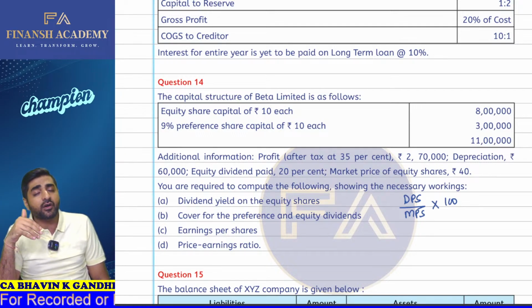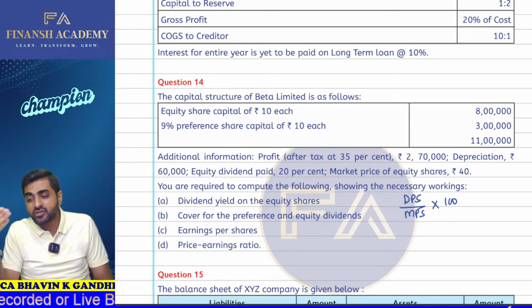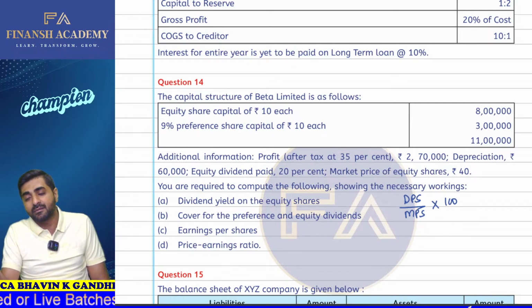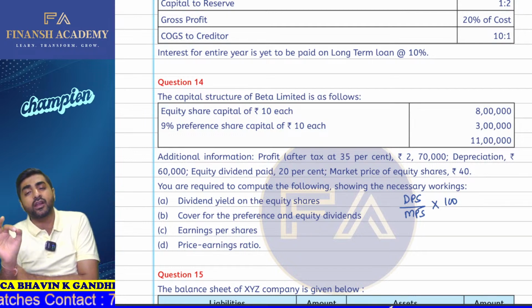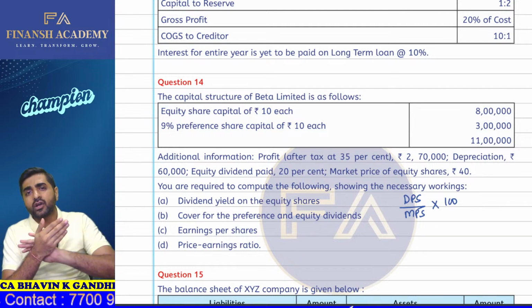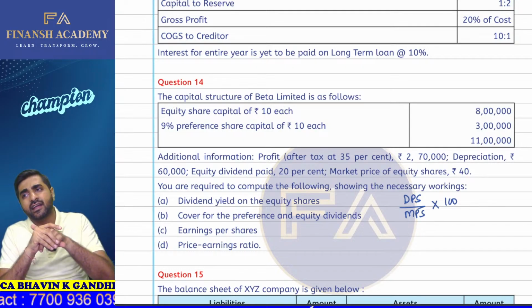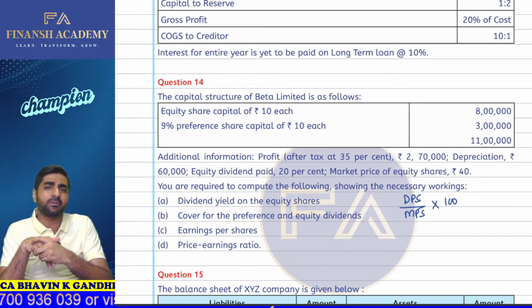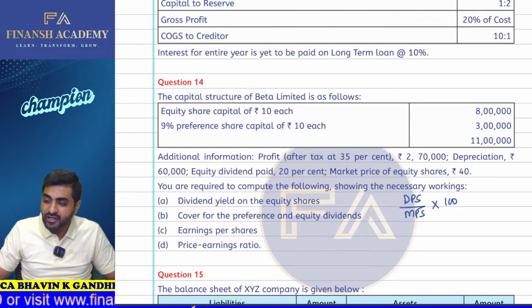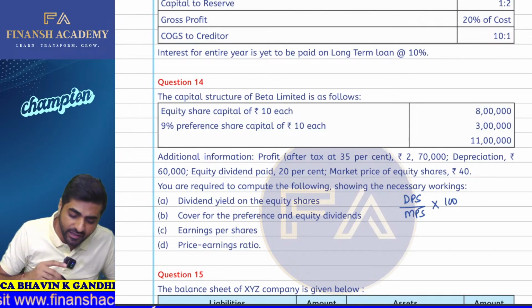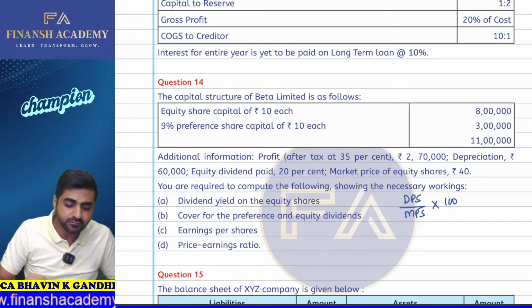If I ask you the formula for earning yield, what is your answer? Sir, earning yield will be EPS upon MPS into 100. So wherever you try to calculate the returns, simply take dividend per share or earning per share and divide that by market price per share into 100. That eventually gives you the yield, or the return.